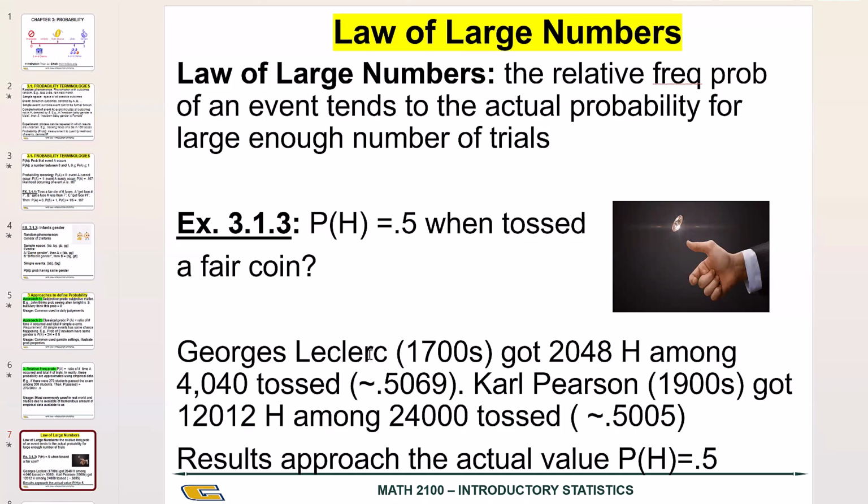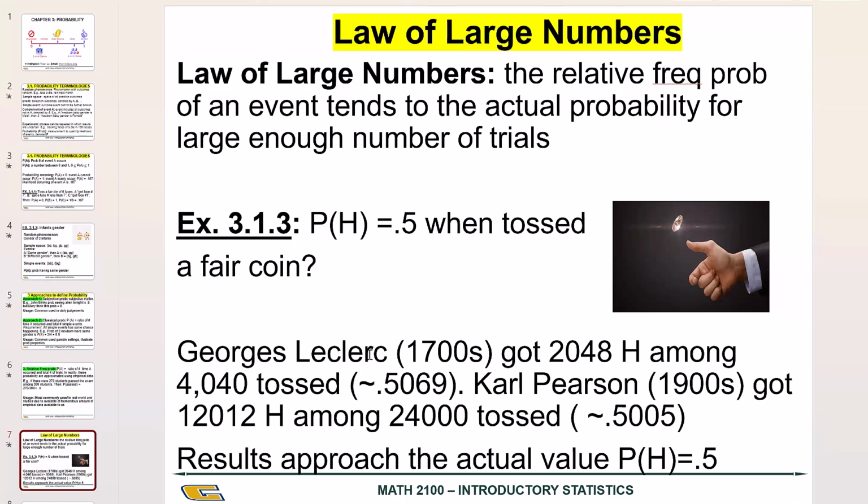And Karl Pearson is one of the most famous statisticians in the world. I believe he is one of the two fathers of statistics. He was in the early 20th century. He did 24,000 tosses, and he got 12,012 heads.